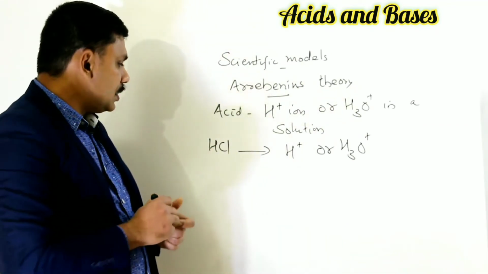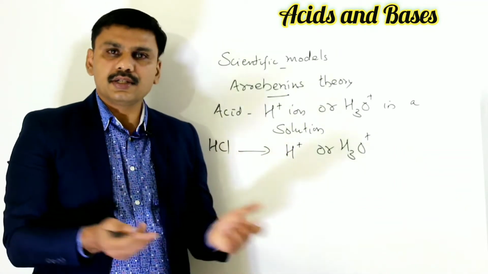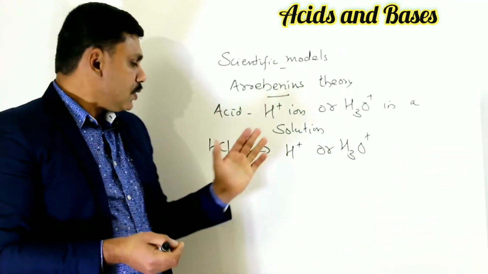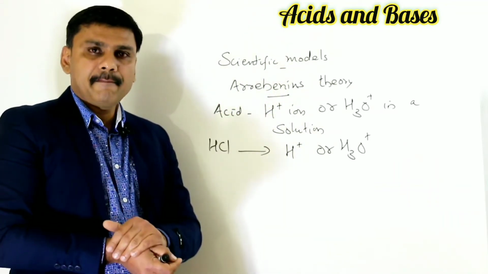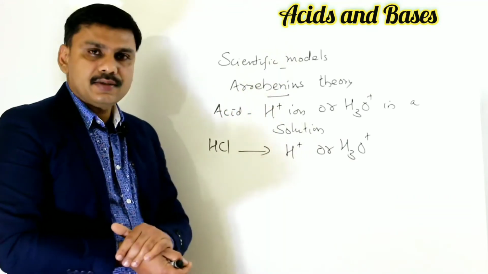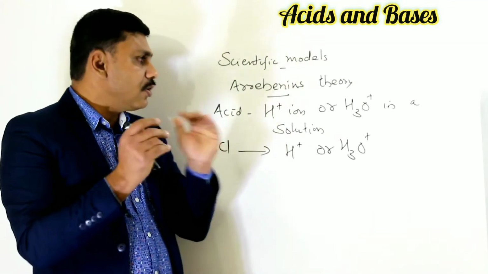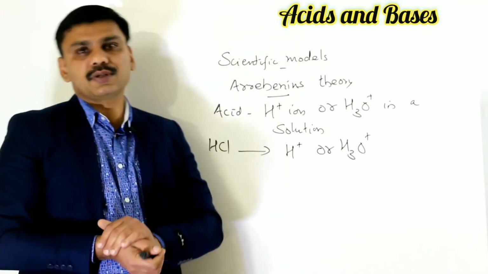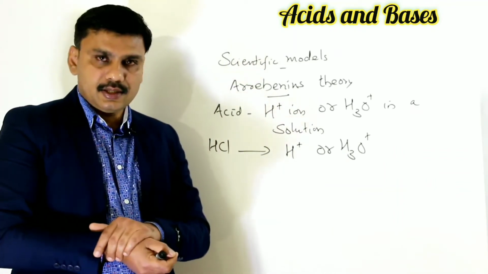In an aqueous solution, HCl can give H plus or H3O plus. So that's why HCl is an acid. So according to Arrhenius theory, an acid is a substance which can produce H plus ion or H3O plus ion in an aqueous solution. So that way you can understand.